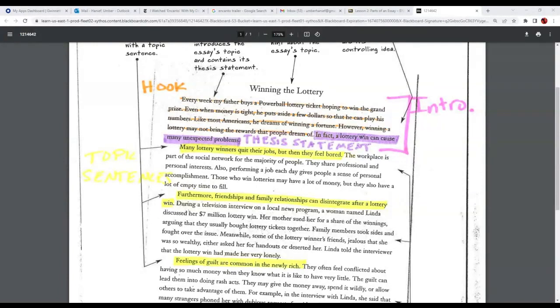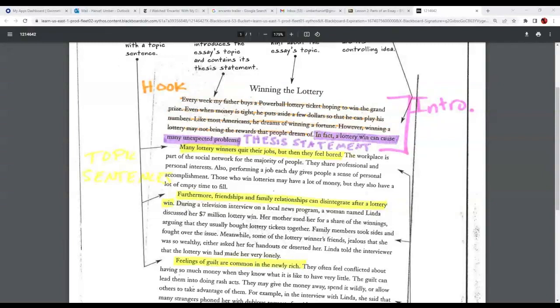Say that again? Winning the lottery. So like how my life is going to be wonderful after I win the lottery? Not necessarily. Just in general, like how it's going to be if you win the lottery. Okay, so the good stuff too, how I get to pay off my house and travel the world? Yeah, the good and the bad.